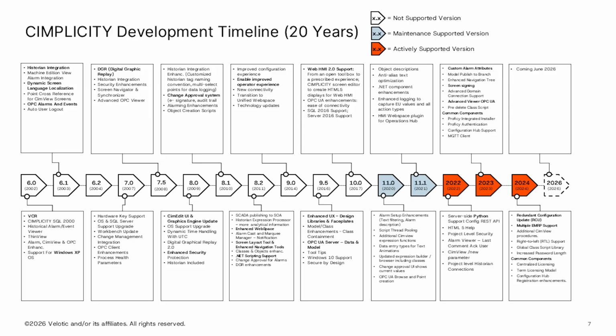You can see here that our current release is Simplicity 2024, and there are some key capabilities that were released last year. We are looking towards the June timeframe of next year to release Simplicity 2026. As we move forward, the supported versions move forward as well. Currently, the 11.0 version is the actively supported version and on up.